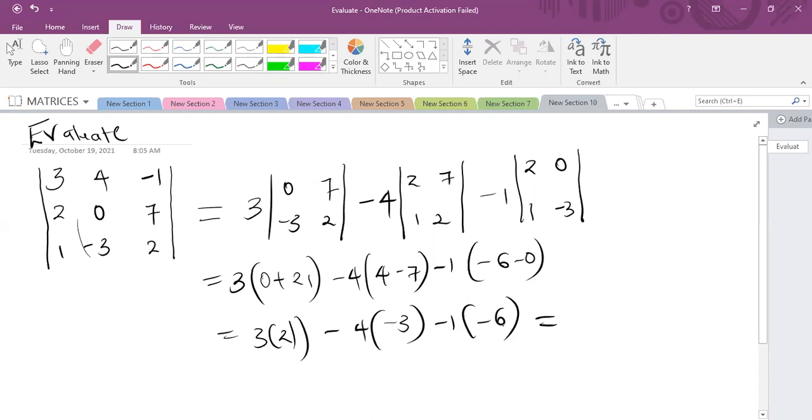So guys, I hope that is clear on how to get the determinant of a 3 by 3 matrix. I would like for us to now look at the inverse of a 3 by 3 matrix. I want to open another section, so I hope you guys have already finished writing this part here.